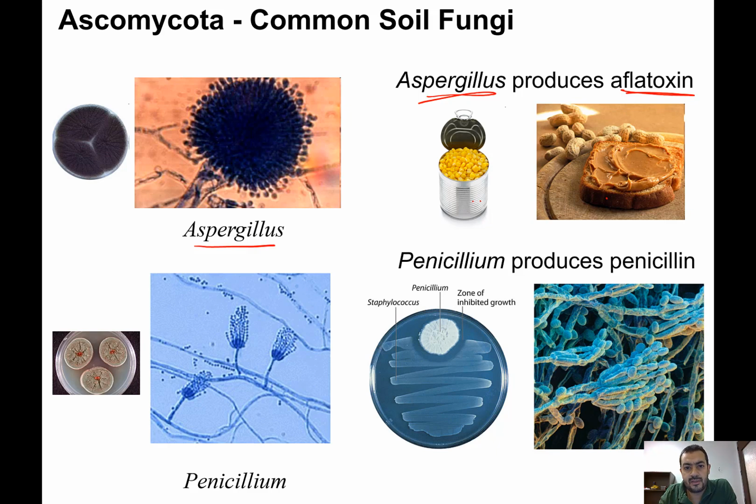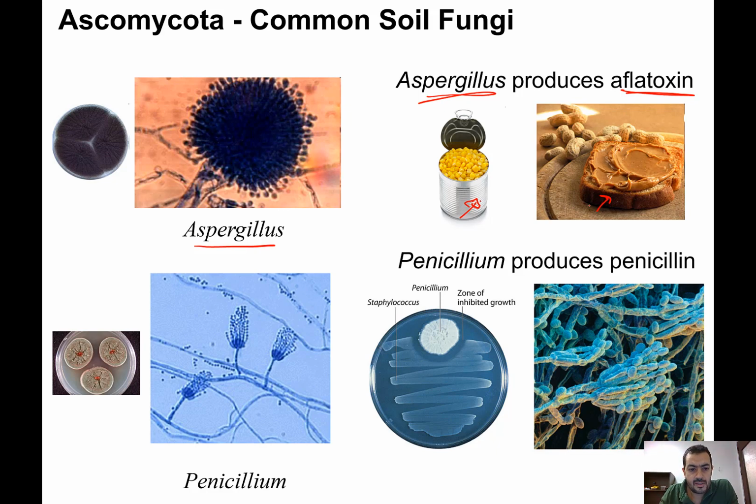So the aflatoxin of the Aspergillus can be found in the canned corn, and it can be found also in the peanut butter. So those two preparations may have traces of the aflatoxin. And why do we need to check the products for that? Because aflatoxins are carcinogenic, so they can cause cancer.